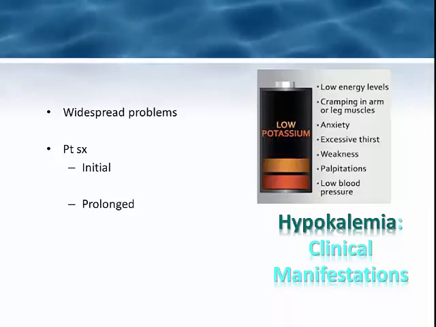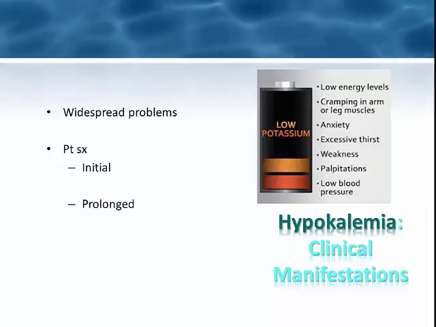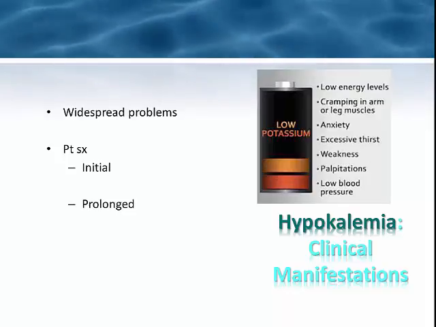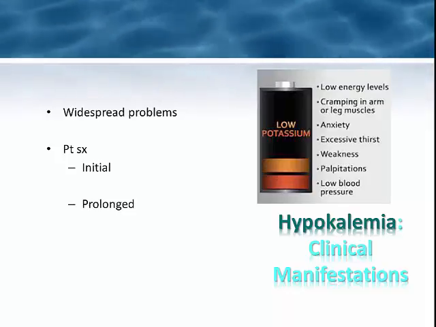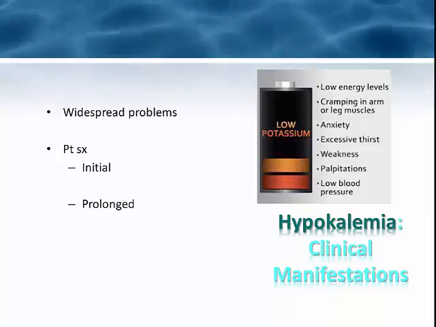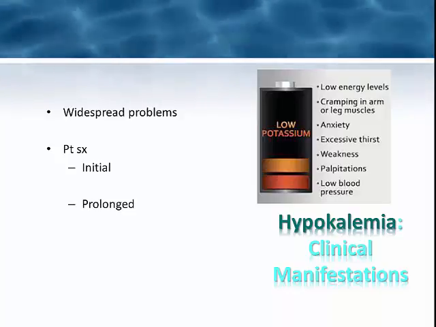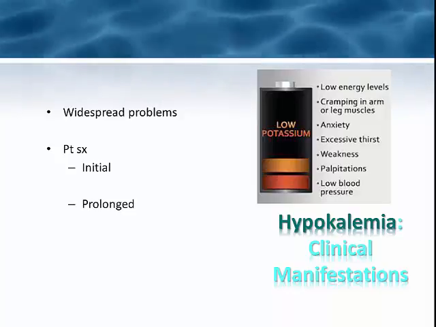So if we think about that, there's weakness and overall neuromuscular issues. If we think of an EKG, you start to have flattened or inverted T waves, and that sometimes can suggest ischemia, or lack of blood flow to the areas.